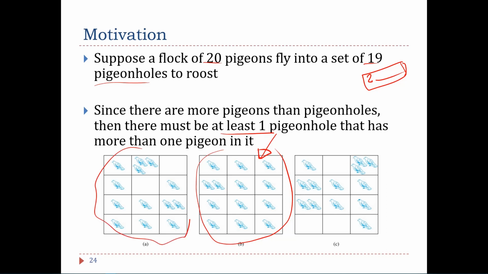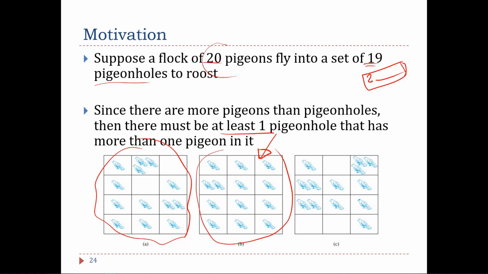Maybe all of them will be sitting within the same pigeonhole. So maybe you would use all the 19 bookmarks for only one book, and you will leave all of the other books without any bookmarks. So it's really up to you. But what we would guarantee is that at least one book would be left without any bookmark. At least one hole would have two different pigeons in it.